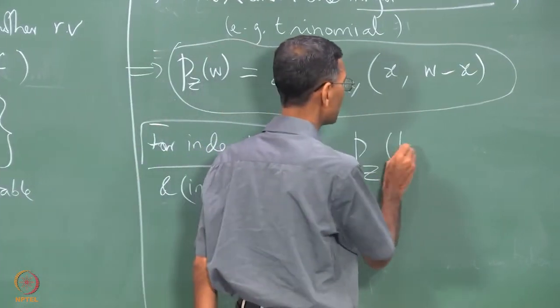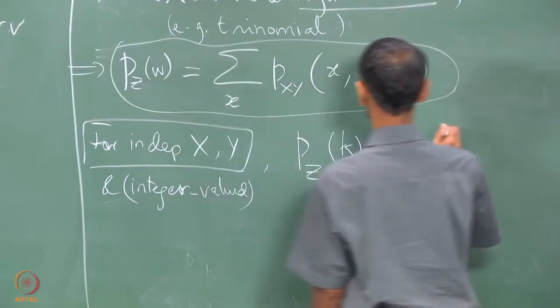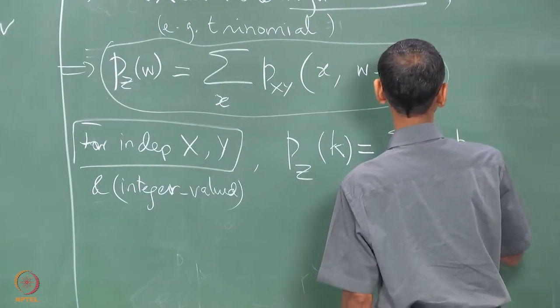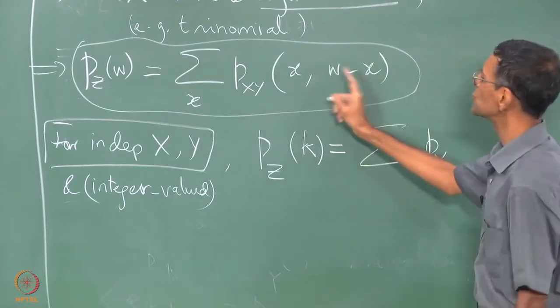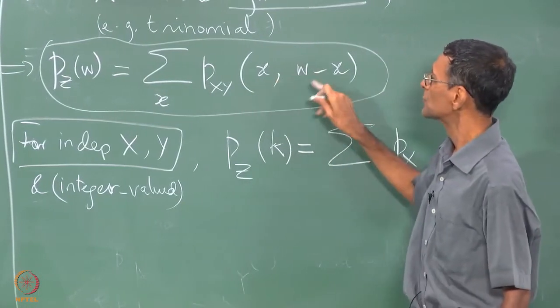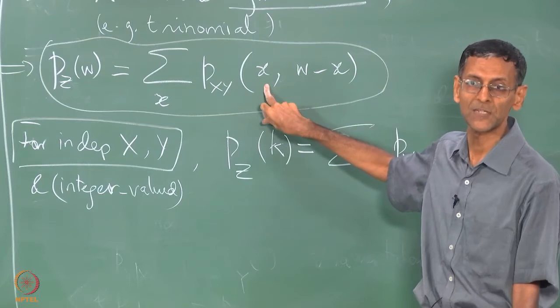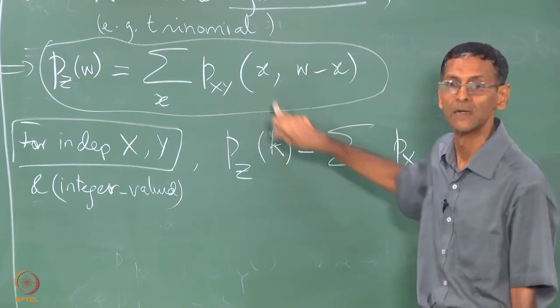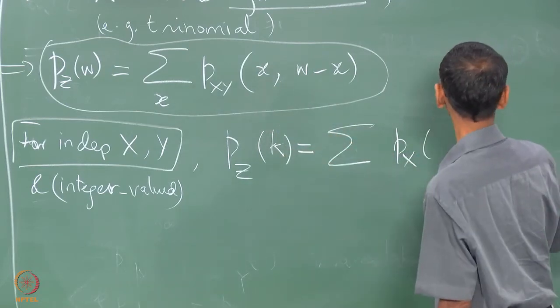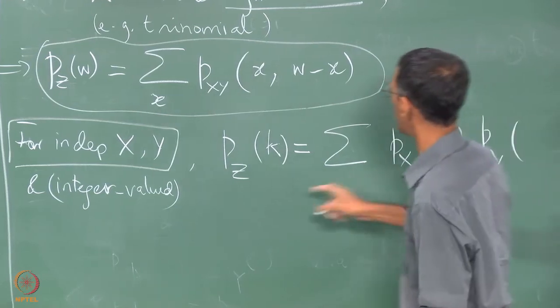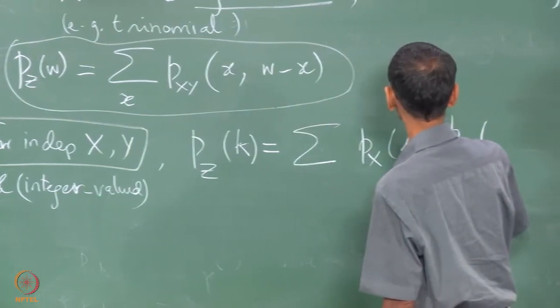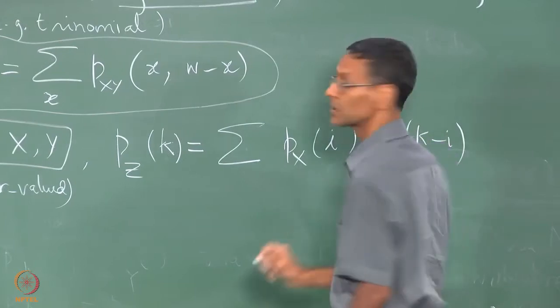So Pz of k will be sigma. If I write this, what happens to this? This is a joint PMF which can be written as a product of marginals. So how will it be written? It is Px of something into Py of something. Now I put k here, so if I put i here, I have to put k minus i out here.